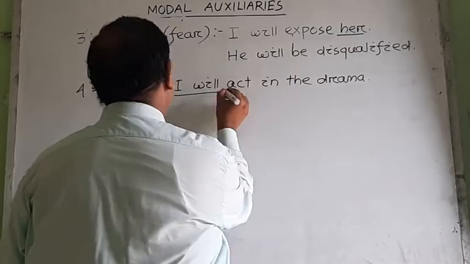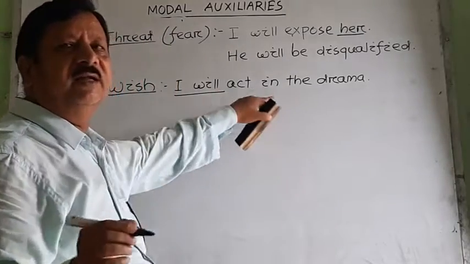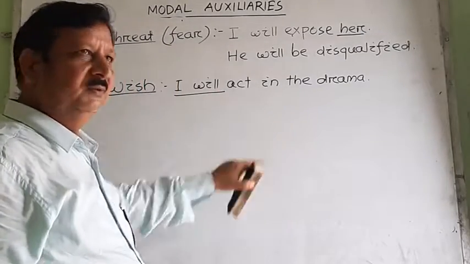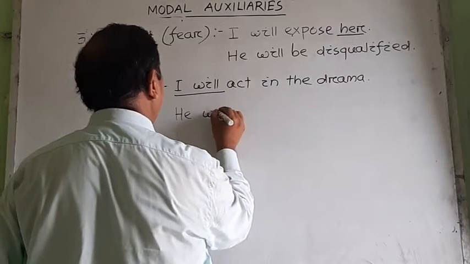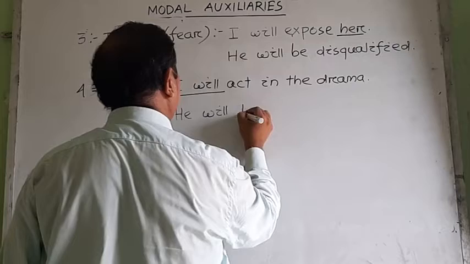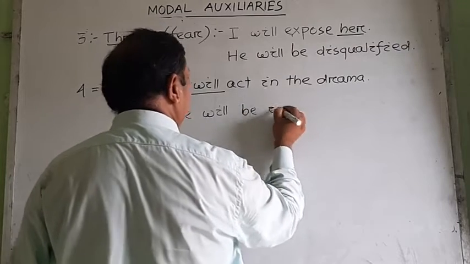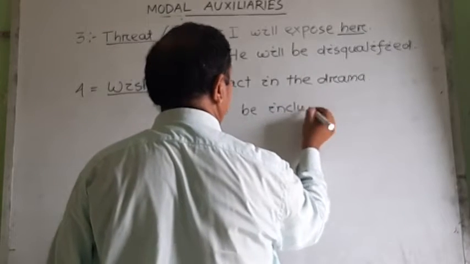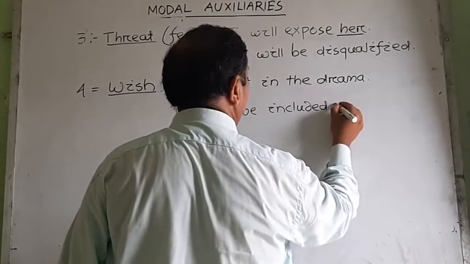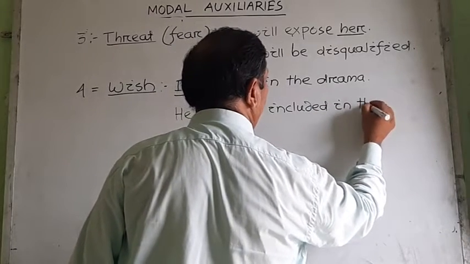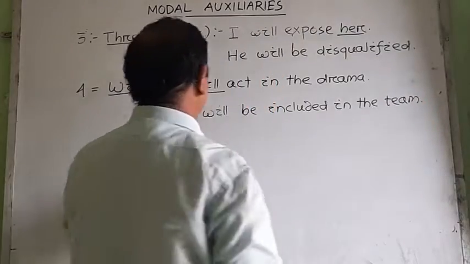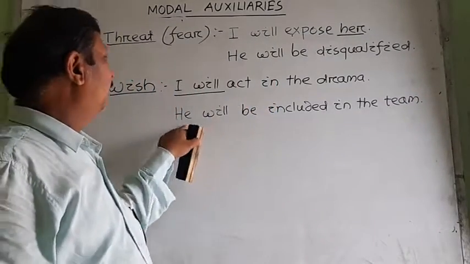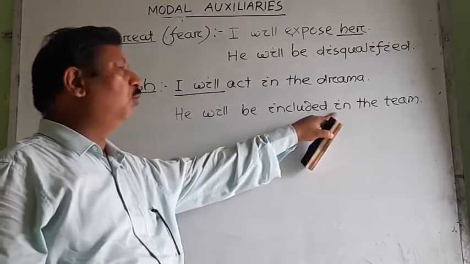At that time, it shows that the person has a wish to act in the drama. Or someone says, he will be included in the team. That means someone wishes that a person must be or should be included in the team.